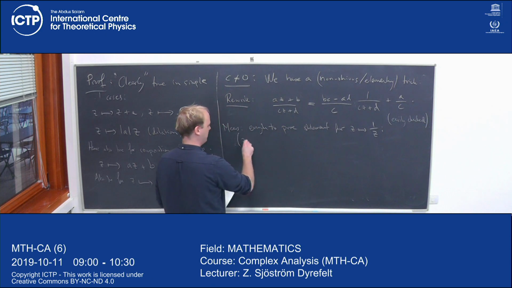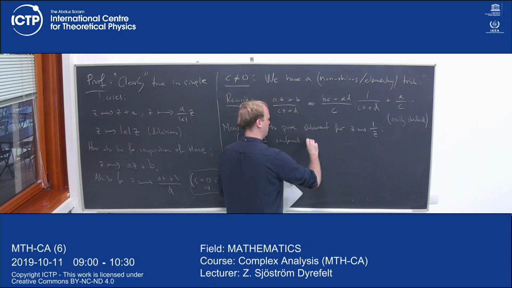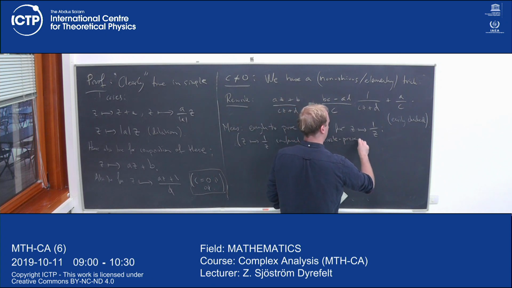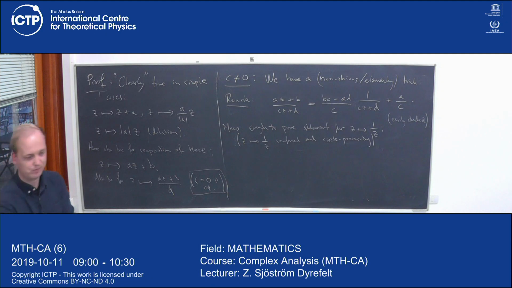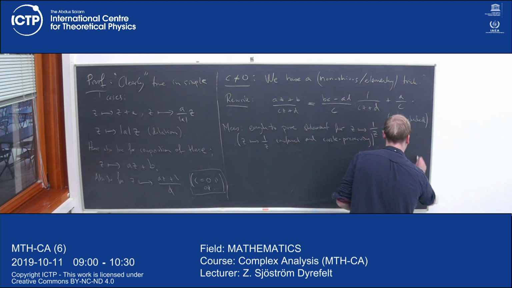So we want to show that z to 1 over z is conformal and what is called circle preserving. Okay? So to do this, we now use stereographic projection. Okay? So as we saw, okay, so we draw this picture again.